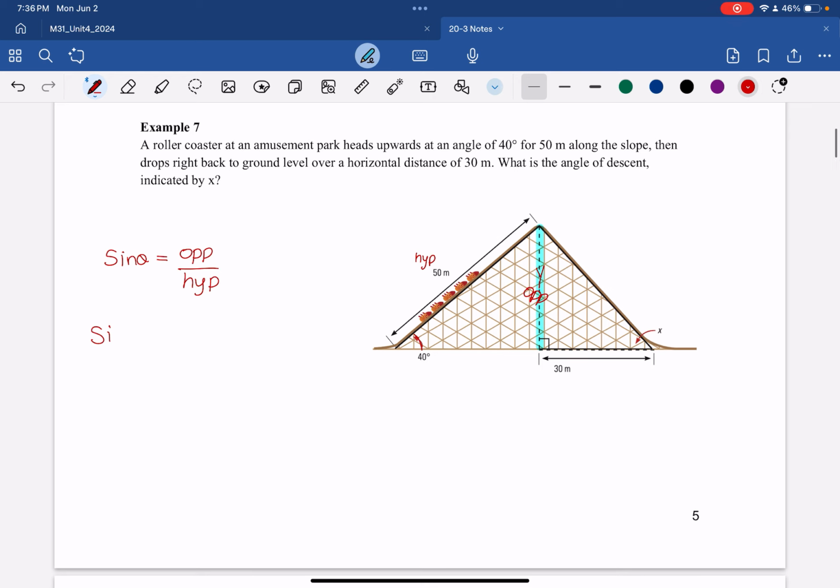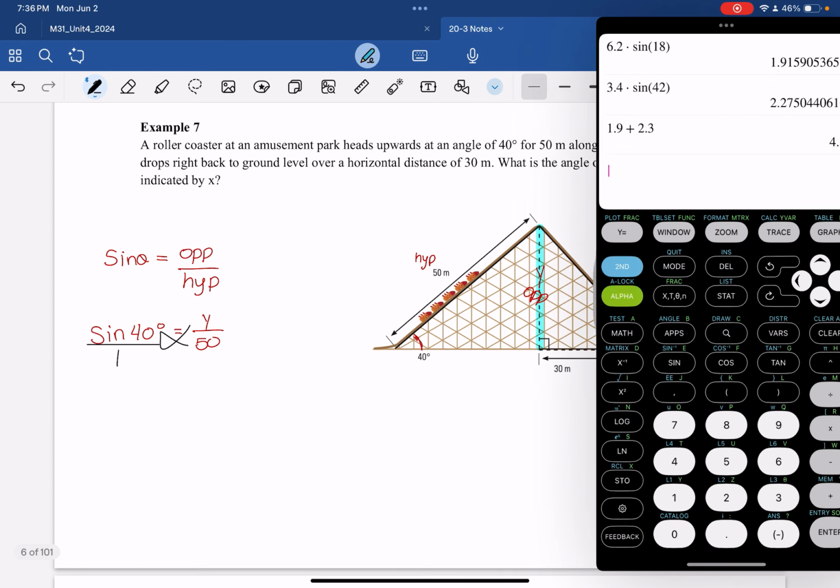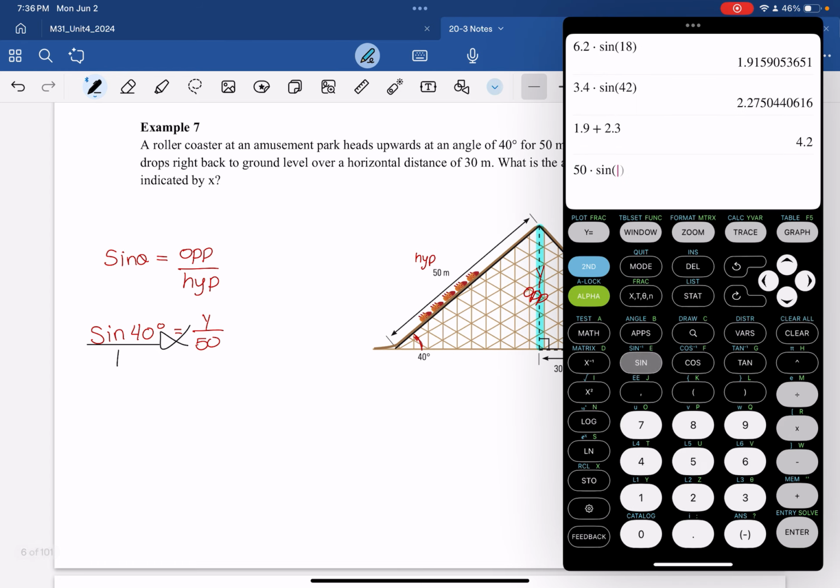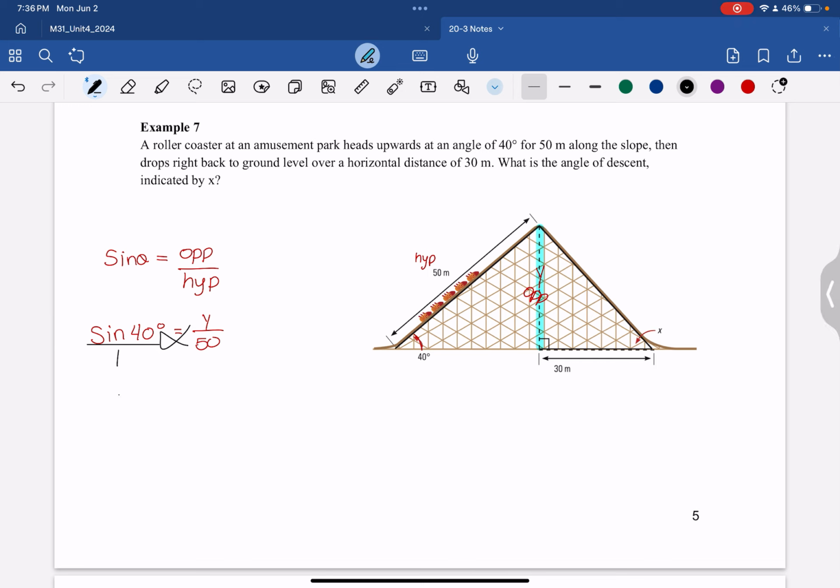So sine of 40 degrees equals y over 50. Okay, so I'm going to take 50 times sine of 40, which is going to be 32.1. And that's going to be in meters.